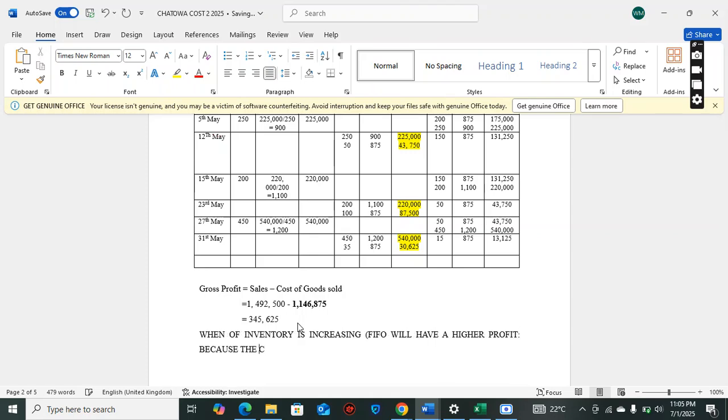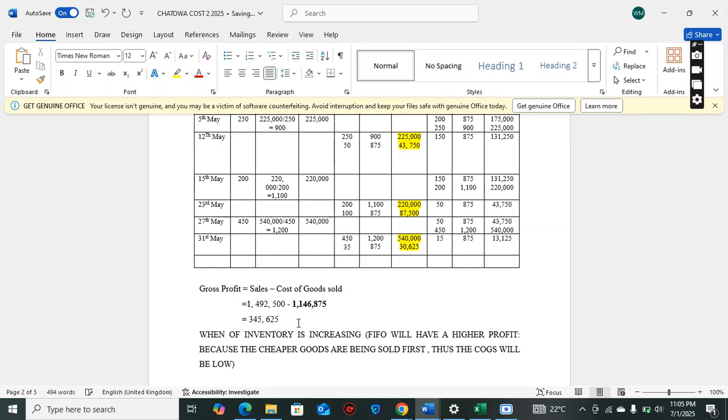Because the cheaper goods are being sold first, thus the cost of goods sold will be low.